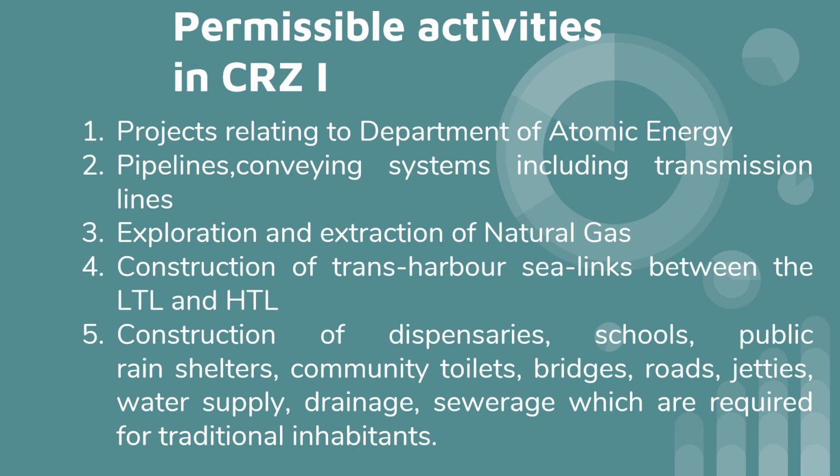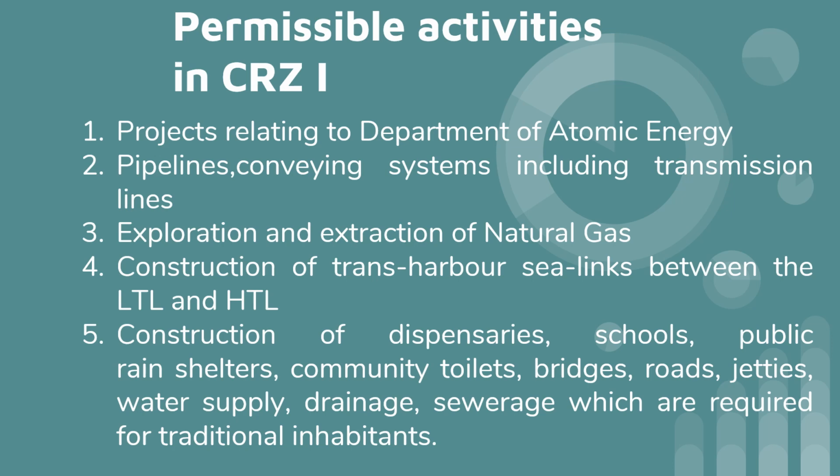Why have they classified these areas into 1, 2, 3 and 4? It is basically to regulate the activities which are carried on in these areas. So we already know what the areas are which fall under CRZ 1, and now we will look into what the permissible activities are which can be carried out.